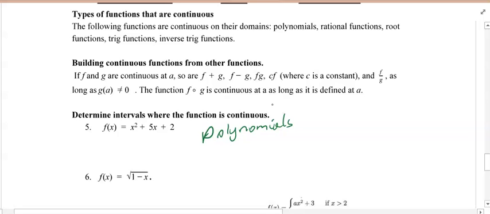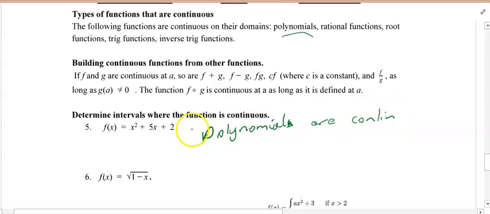It's functions like x in the base and positive integers in the exponents, so like x to the 0, x to the 1, x squared, x cubed, and so on, with a variety of plus or minus signs. That's fine. These are polynomials, and we said polynomials are continuous on the domain. So this is a polynomial, so it's continuous on its entire domain.